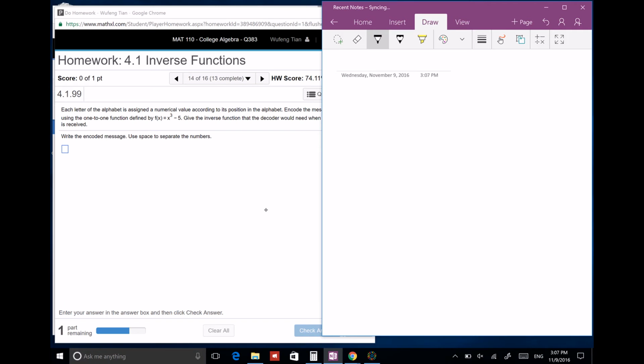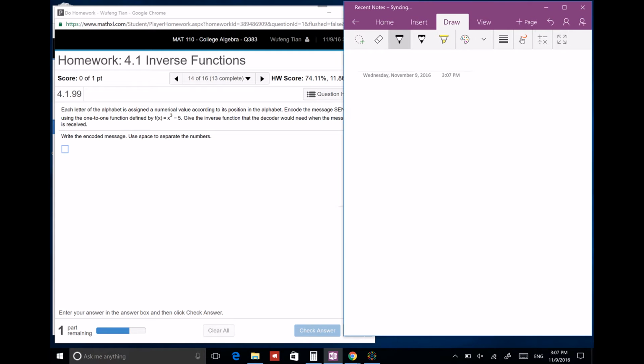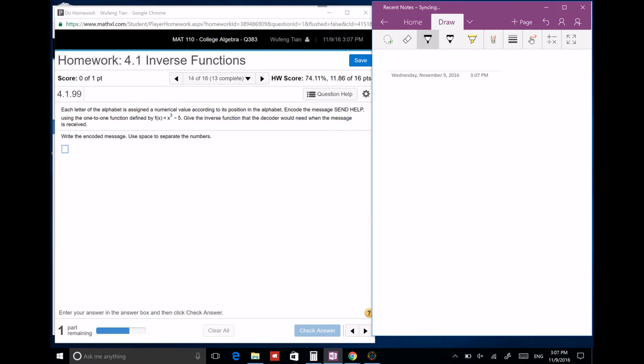Each letter of the alphabet is assigned a numeric value according to its position in the alphabet.